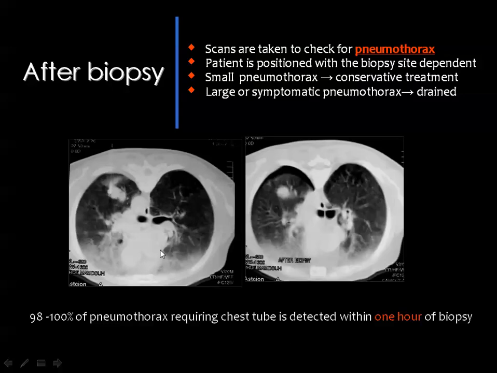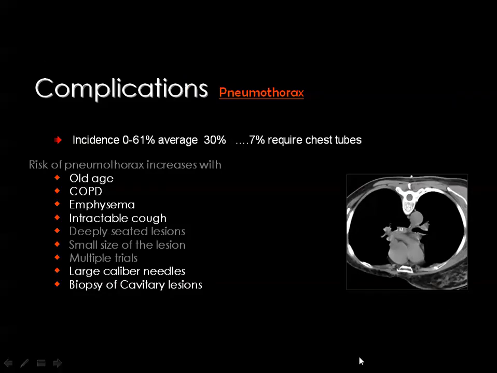Then after removal of the needle and taking the biopsy, you should have scans to ensure whether there are any complications. And in this patient, you can see some pneumothorax has developed after removal of the needle. If you look at the opposite lung, you can see these emphysematous changes, which are the major cause of pneumothorax in most cases.